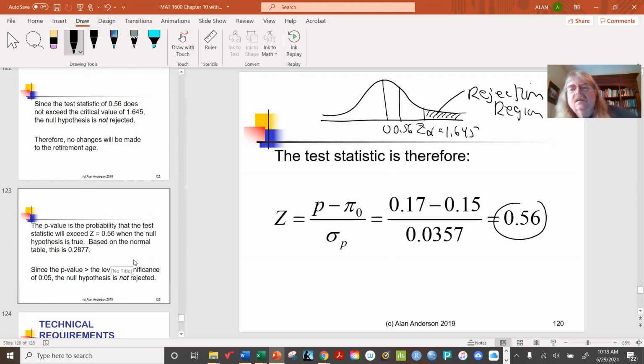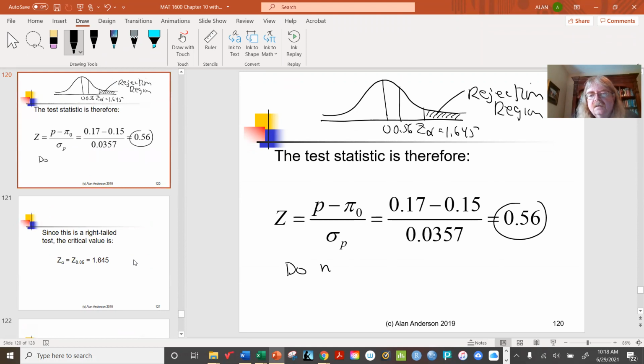Now, what we can also do is calculate the p-value. Now, I'm going to use the blue to do this again.